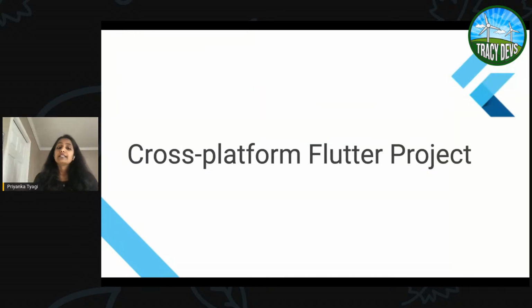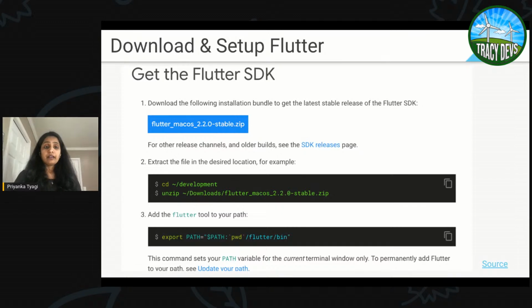All right, so let's take a quick look at a cross-platform project, how it looks and how we get started. The first thing starts with downloading and setting up Flutter. If you go on their website, here's a link, and I will provide the slides later, so don't worry. The first thing you do is go and get a zip.